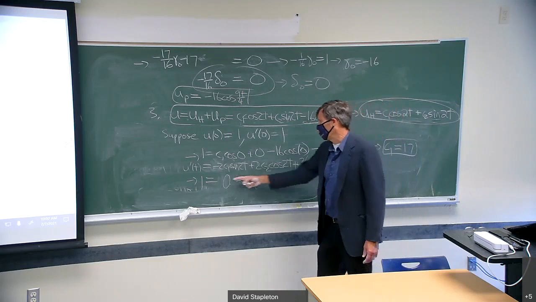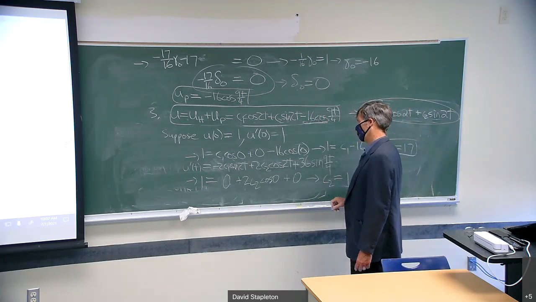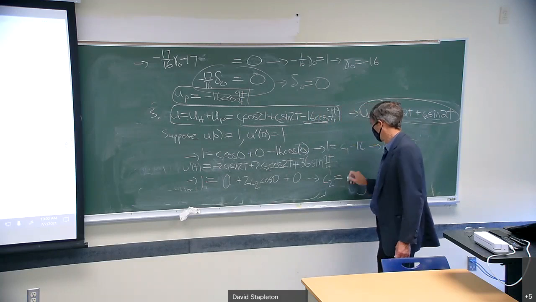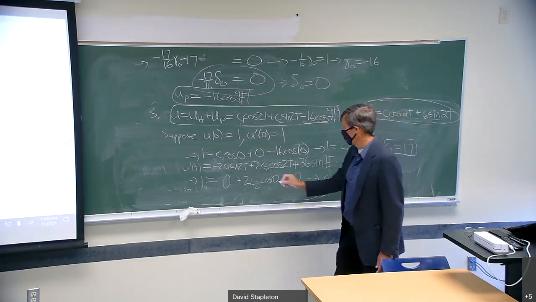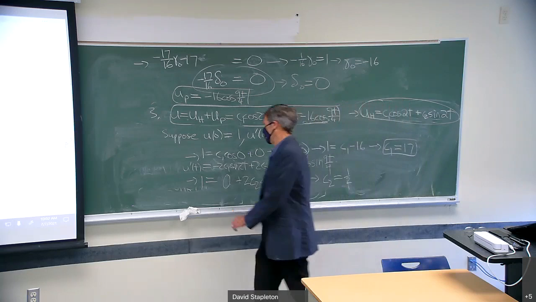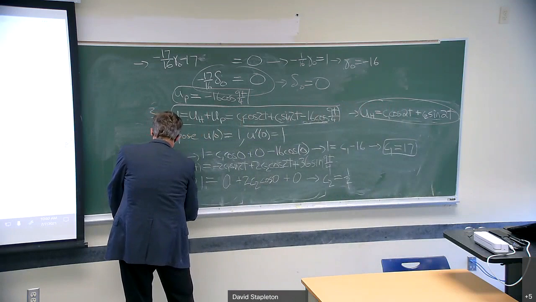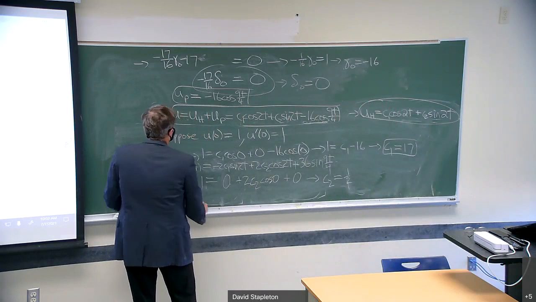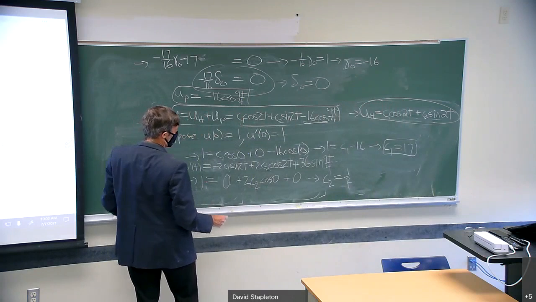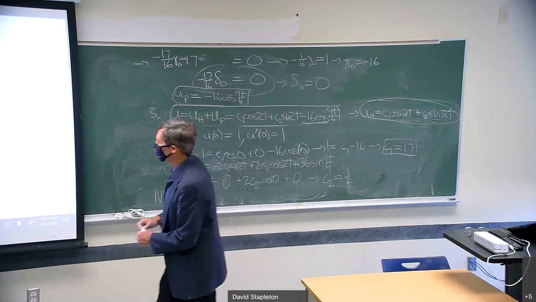So you just get 2 C2 equals 1. Now I have my unique solution to the initial value problem. And this one, plug in 17 and 1/2.